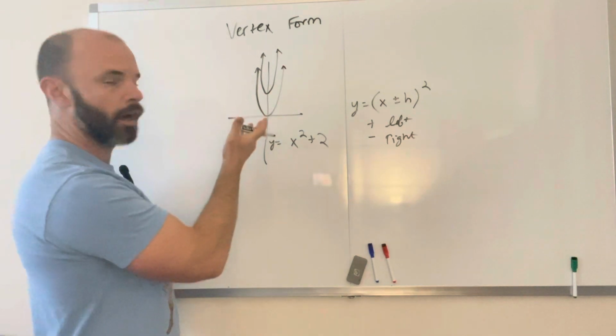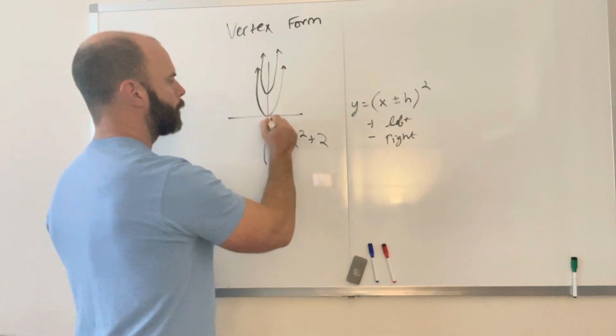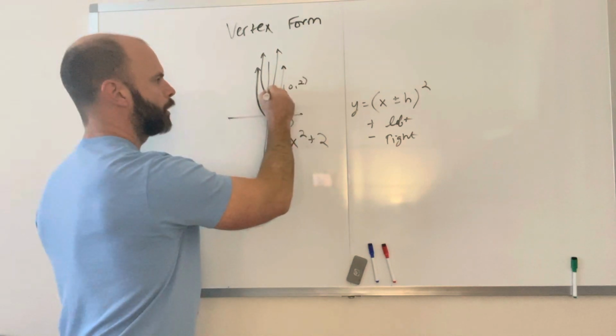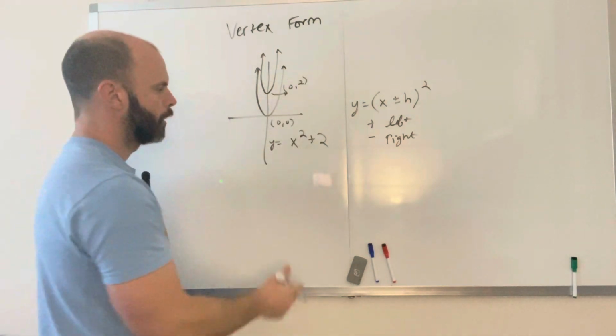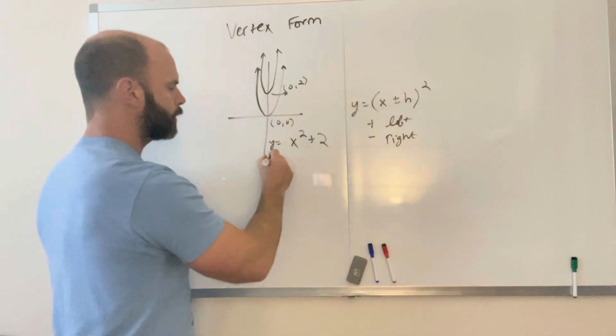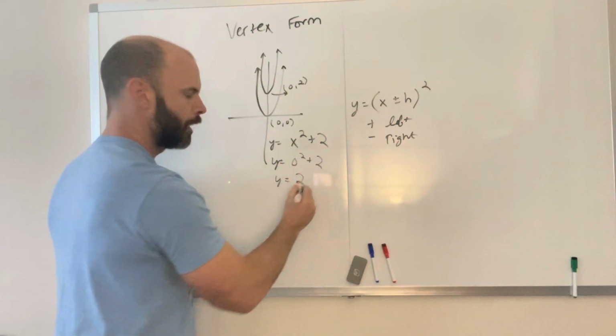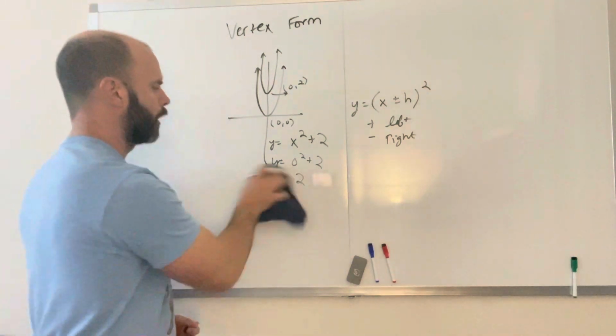So plus 2 goes up. And I know that because, again, this was (0, 0), but this is now (0, 2). That's my new point, or my vertex right here. So if I plug in 0 for x, I should get 2. And I do. Great.